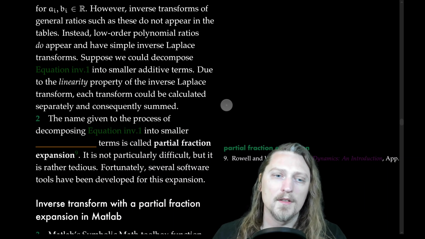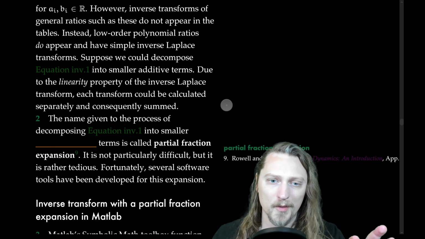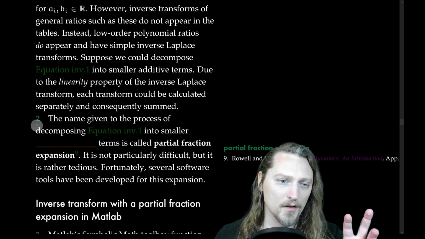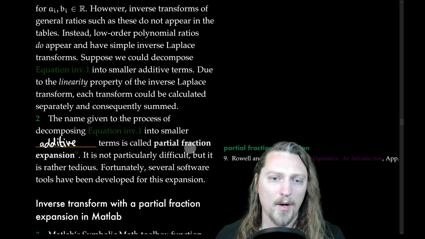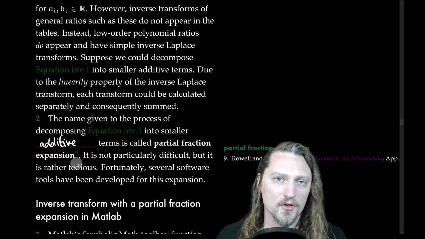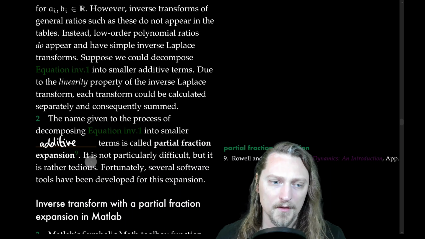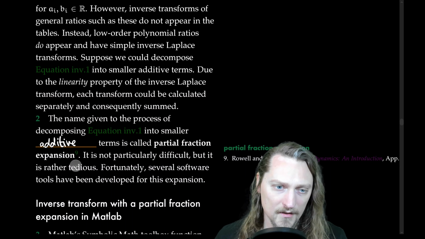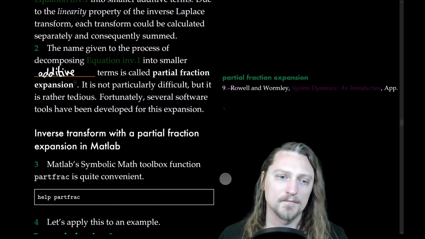The name given to the process of decomposing these ratios of polynomials in S into smaller additive terms is called partial fraction expansion. It is not particularly difficult, but it is rather tedious. Fortunately, several software tools have been developed for this expansion.